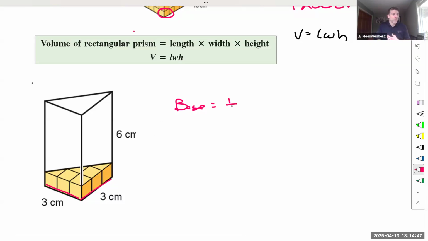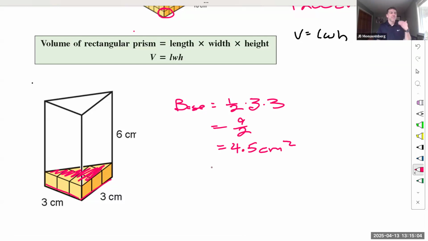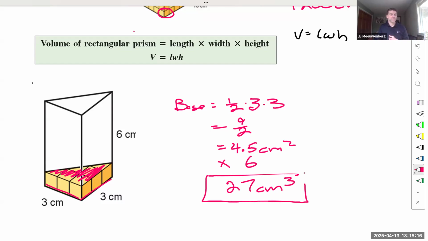So we take 1/2 times 3 times 3, which is equal to 9 divided by 2, or 4.5 square centimeters. That's the area of the base. That's this shaded section right there. Then we have 6 layers of those. So that's going to be multiplied by 6, which is 27 cubic centimeters.